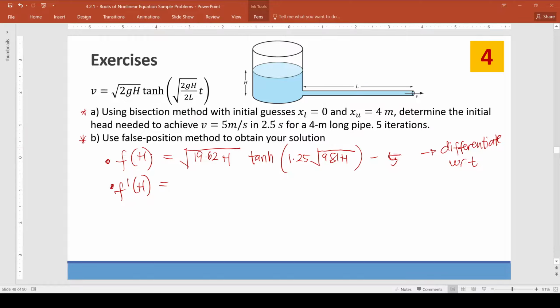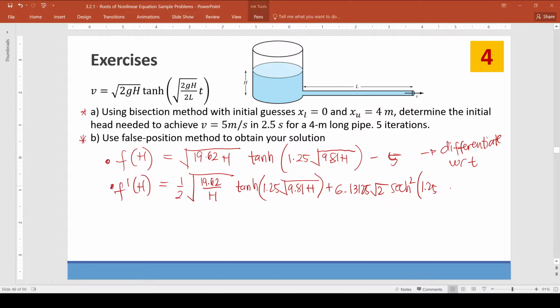We will have a resulting function equal to 1 half square root of 19.62 over h times the hyperbolic tangent of 1.25 square root of 9.81h plus 6.13125 square root of 2 times secant squared of 1.25 square root of 9.81h.